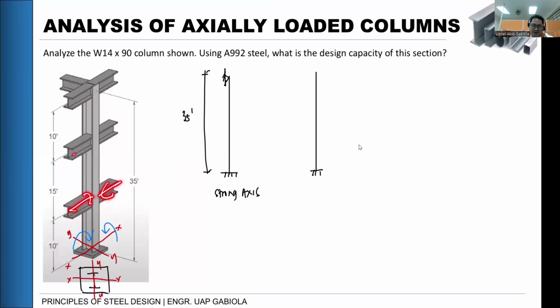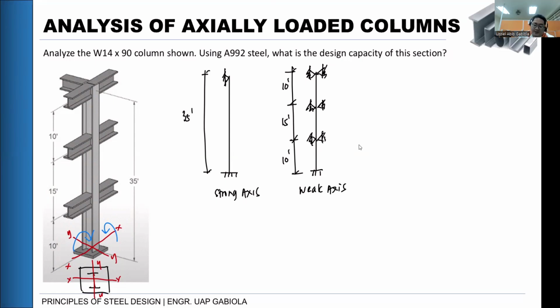Okay, may nakatukod dito and then may nakatukod dito, and then sa taas meron din siyang nakatukod sa kanya. Okay? And then we subdivide yung mga segment niya. So we have 10 feet, 15 feet, and then 10 feet. Okay? So this is our weak axis.